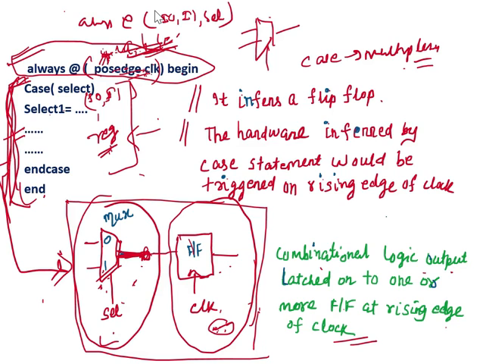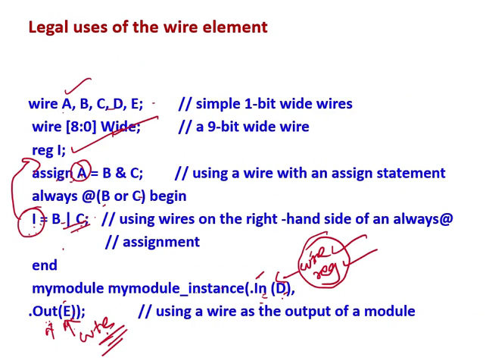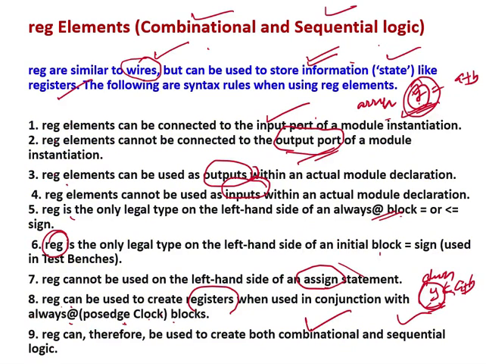But if I don't write this line and I include always at the posedge of clock, then this is a sequential circuit. So reg can be used for both combinational and sequential design, that you have to remember.